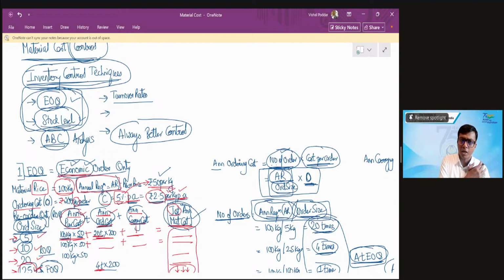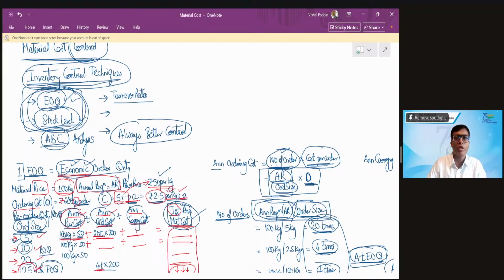So if I count all the parts for all the models, it may go to more than 900 to 1000 parts. Now, for each of the 1000 parts, I have to calculate EOQ, calculate each of the stock levels, and also take action at each of the stock levels. Practically, it is very difficult to control all the material using these two techniques fully.